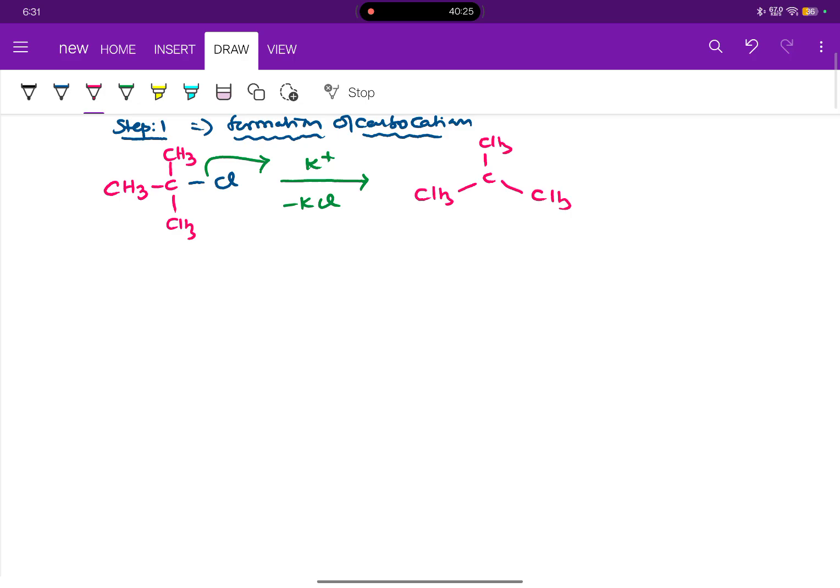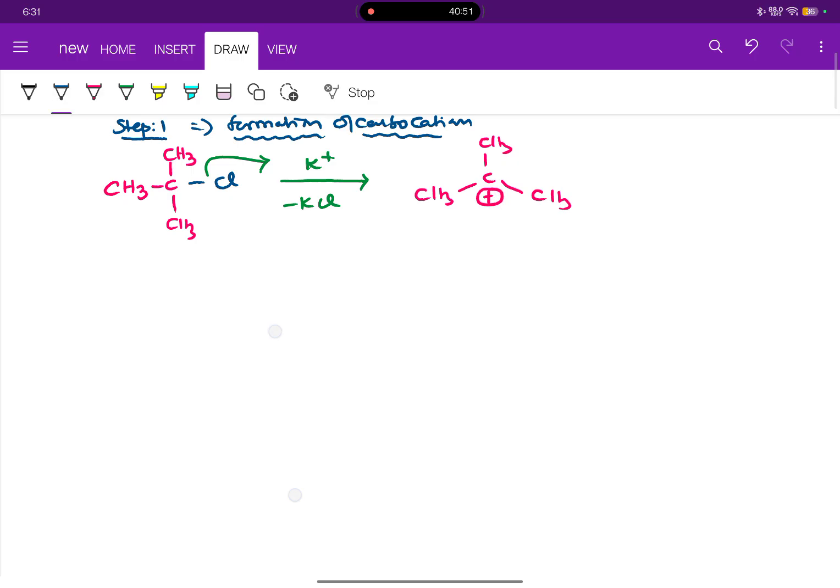What you need to understand in this reaction is that there is no nucleophile involvement in the rate. The rate will not be affected by the nucleophile. Even a weak nucleophile can give you a product because the product depends only on the carbocation stability. I told you even a weak nucleophile works well.